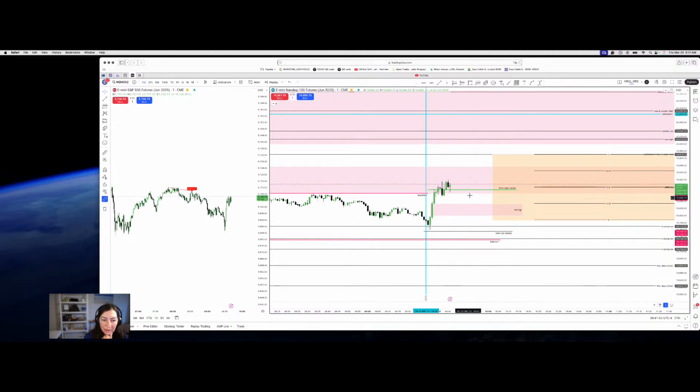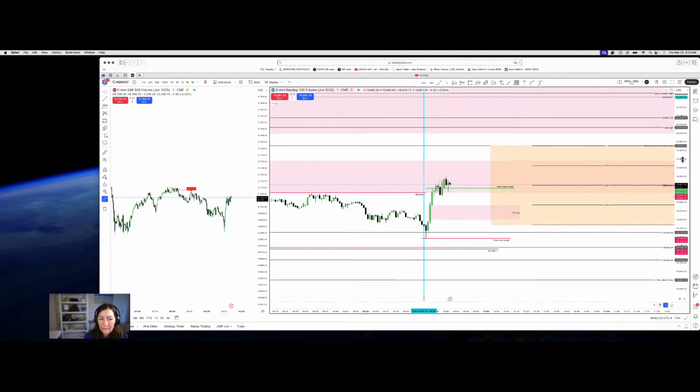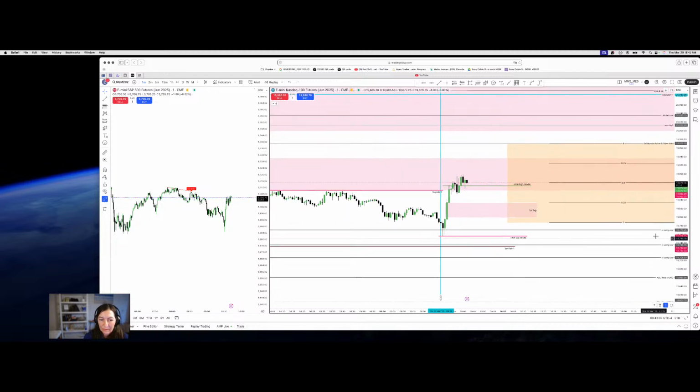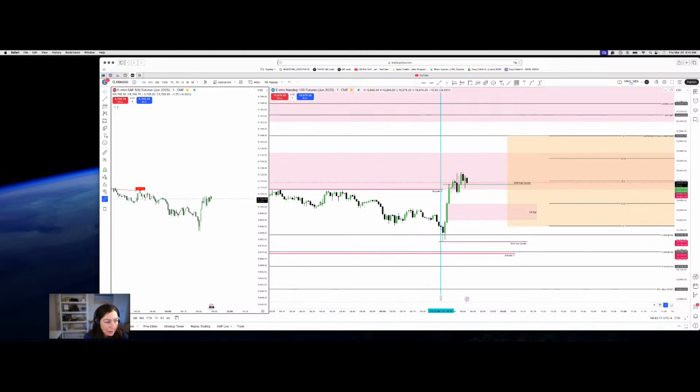I really want to see more strength here. A little bit choppy on ES as well.